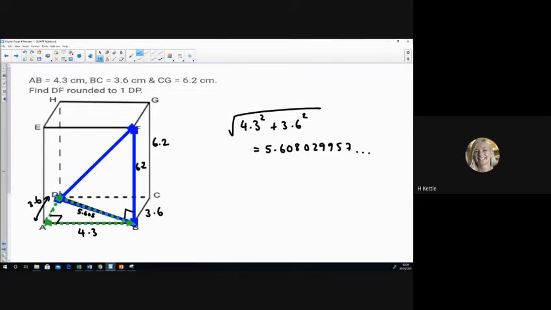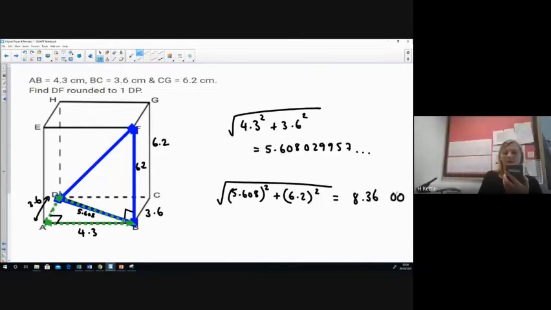And again, we're going to square root that answer, which is 8.36. So 5.608 squared, add 6.2 squared, all square rooted is 8.3600239, and that's all we want, D to F.